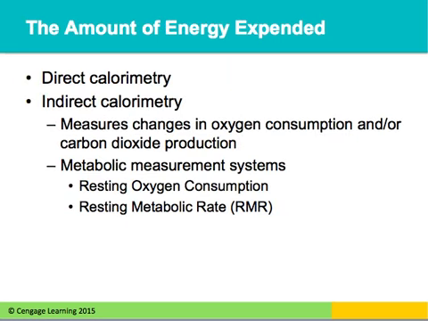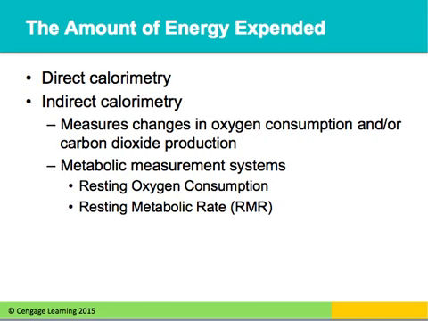When we're determining the amount of energy expended in humans, we can do that via something called direct calorimetry or indirect calorimetry. Direct calorimetry is a measure of estimating or determining the energy expended by changes in thermal or heat energy.